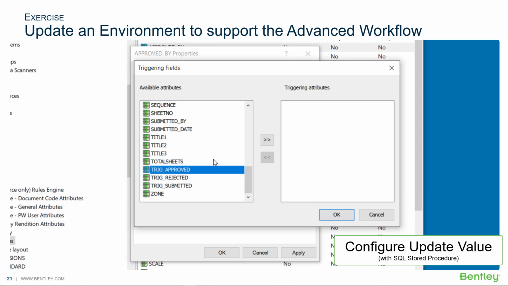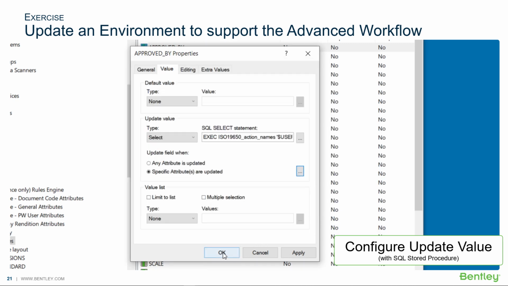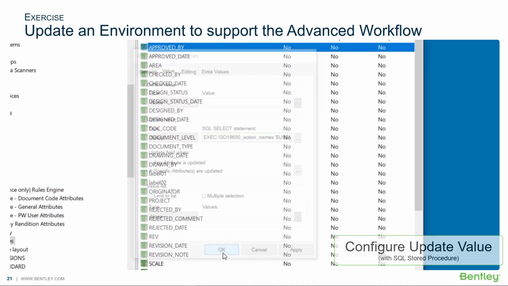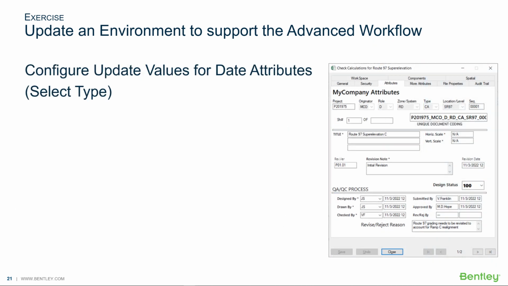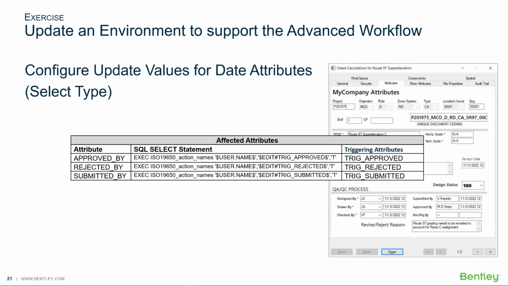In this case, the attribute is named trig_approved. Click OK to dismiss the Triggering Fields dialog. Then click OK to save the change and dismiss the Properties dialog. Repeat the process for the rejected by and submitted by attributes with the SQL select statements and triggering values denoted in this table.